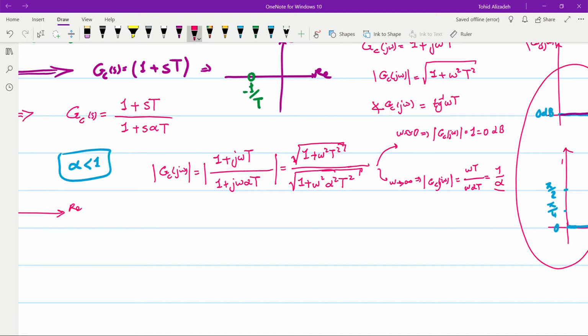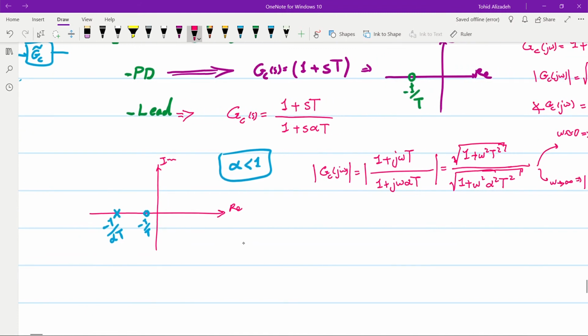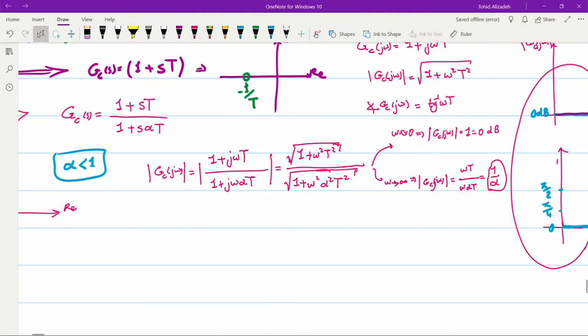The alpha therefore determines the distance between the pole and the zero, and at the same time it determines the amplitude at a very high frequency. In terms of decibel, we will have 20 logarithm of 1 over alpha or minus 20 logarithm of alpha. Again, keep in mind that alpha is smaller than 1.